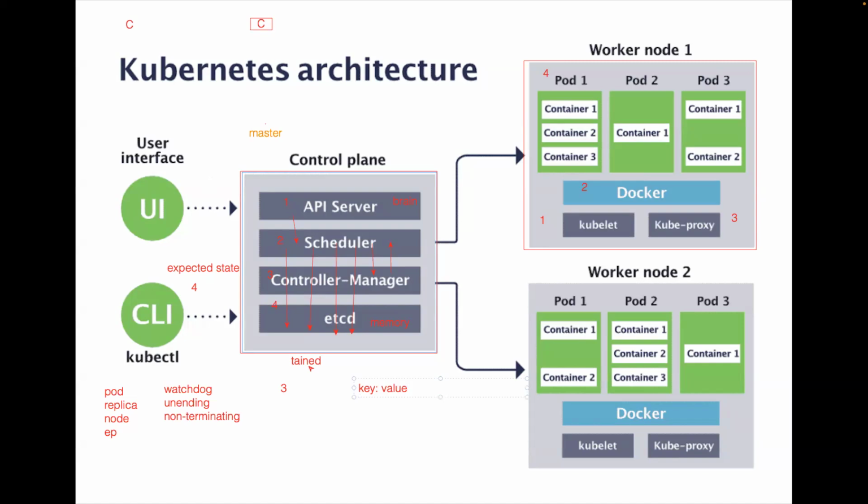Understood? So from here, all the components will retrieve the data. That's why etcd is very important and it's called the memory of the cluster, where other components are relying on it for all this information. That's how these 4 components work together to deploy the load on the cluster.